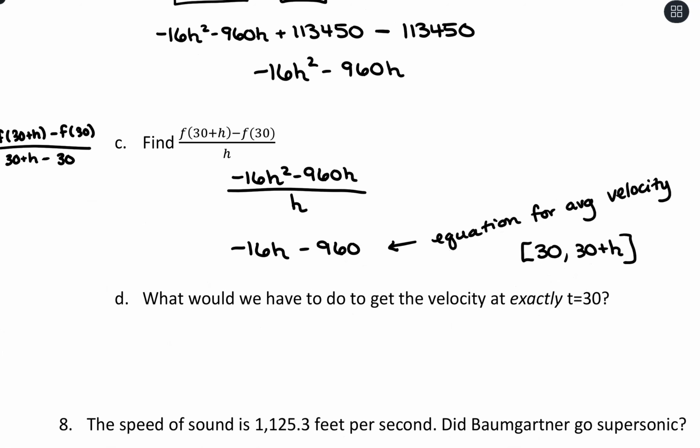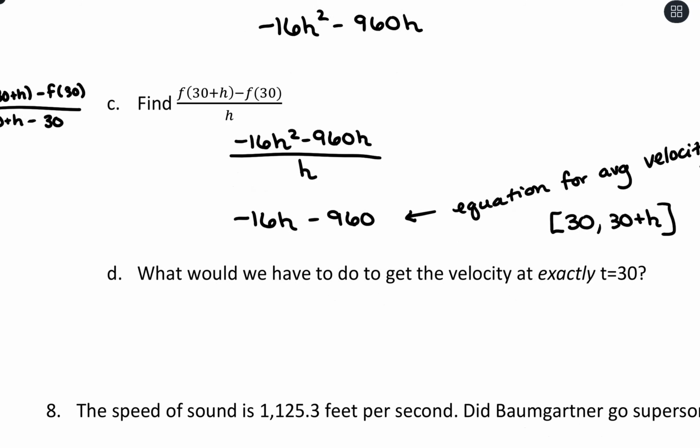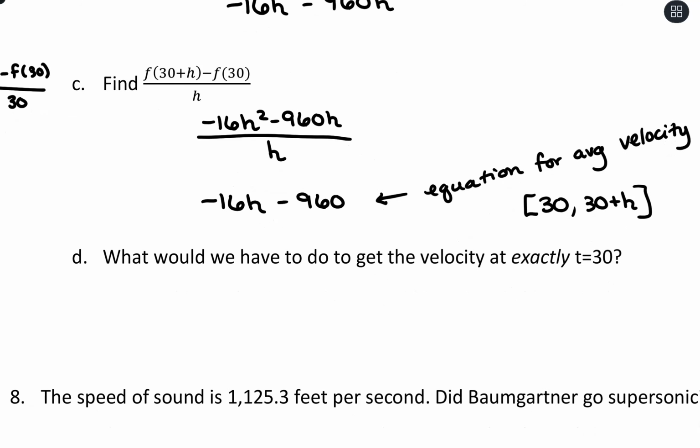So what would we have to do to get the velocity at exactly t equals 30? Well, what we would want to do is evaluate this, like I was saying up above, of what is happening as h is approaching 0. So this is where limit's going to come in. We are going to want to evaluate this limit as h is getting closer and closer to 0 of this average rate of change formula, specifically at this time of 30.